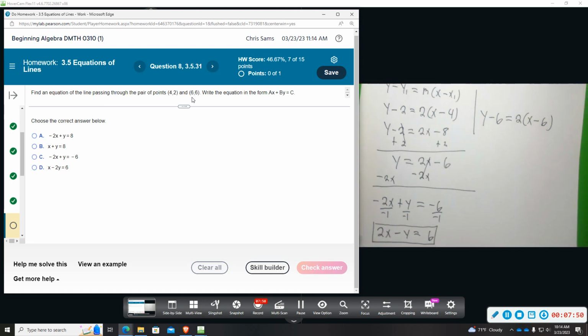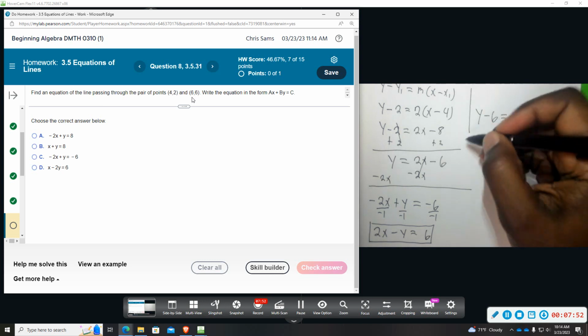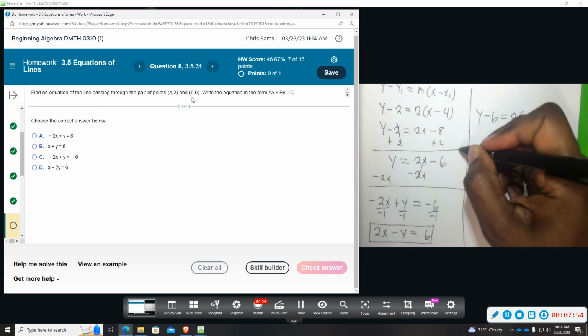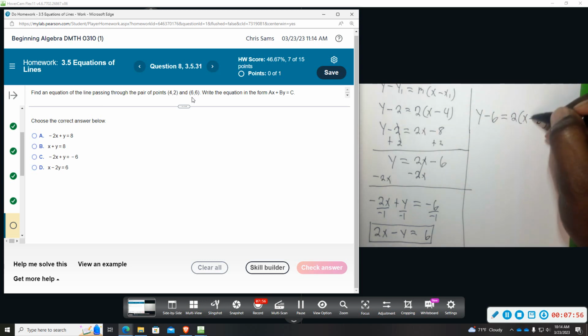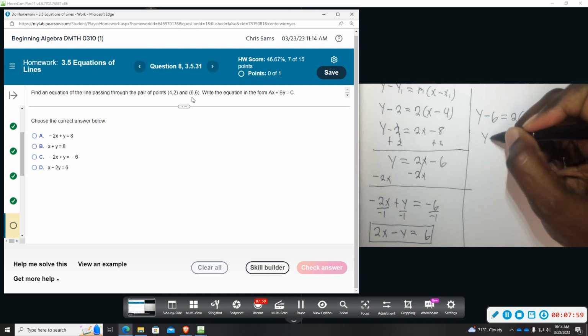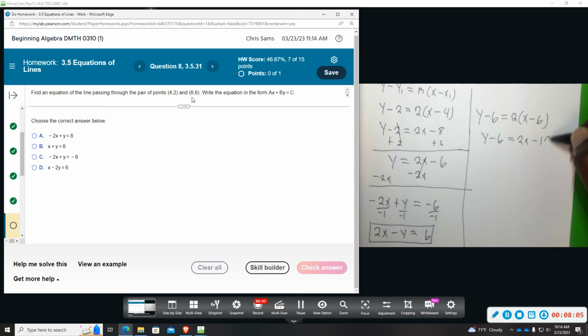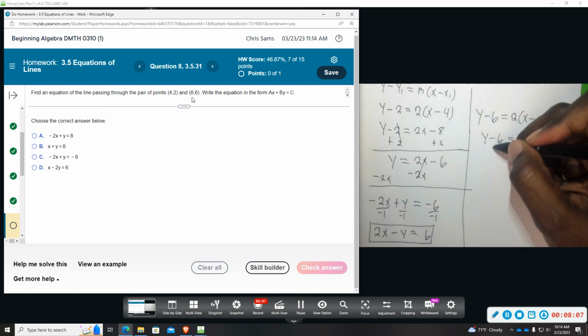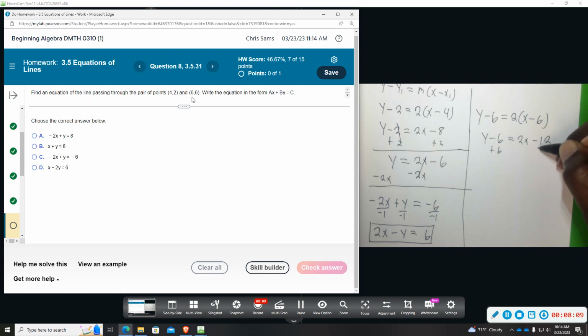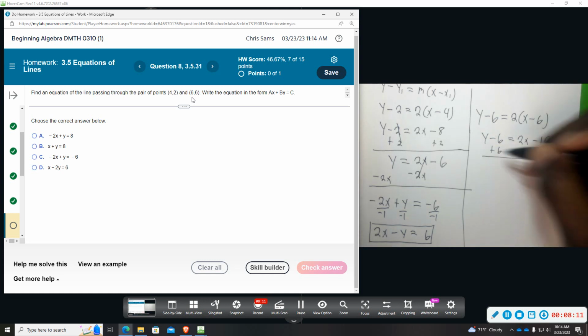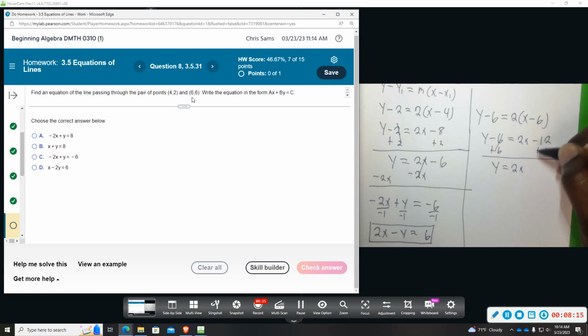Now I'm going to do the same thing with the other side, just to show you. It doesn't matter which point you use. So I'm going to start out distributing. So I have y minus 6 equals 2x minus 12. I'm going to add 6 to both sides. y equals 2x, and then this will give me a minus 6.